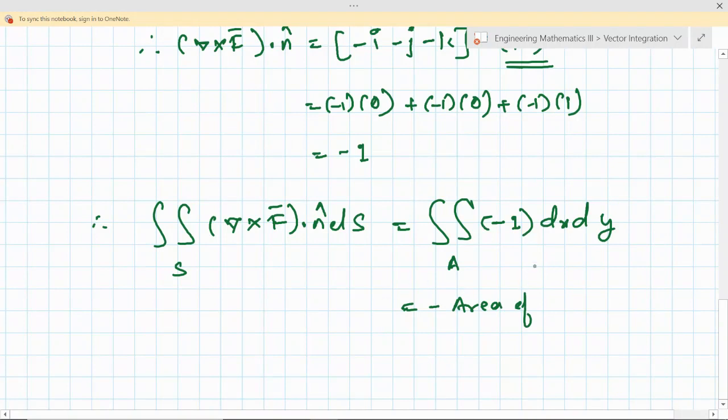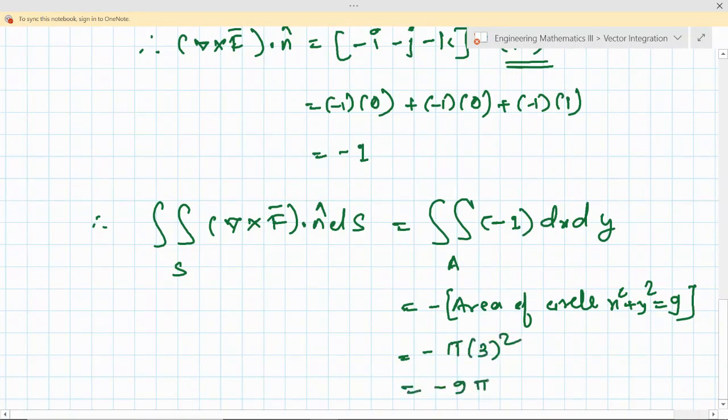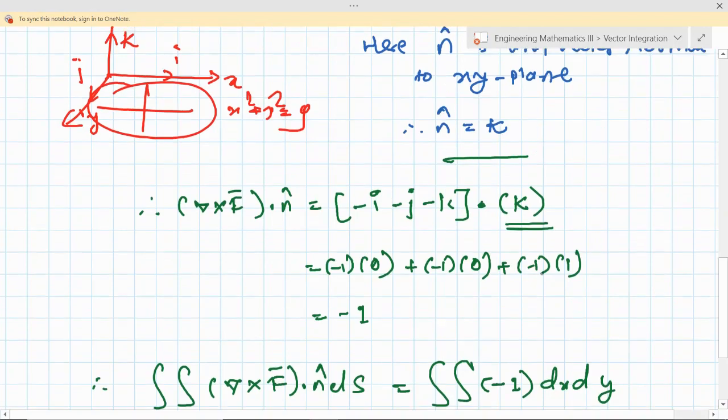A is nothing but the circle x square plus y square is equal to 9. The area of the circle is pi r square, and the radius is 3. So this is minus pi of 3 square, which is simply minus 9 pi. This is my answer for the surface integral. Good. Have you got this?